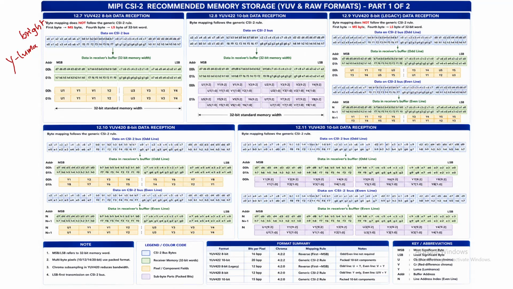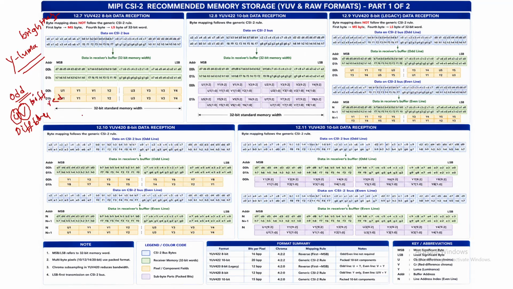So this brightness will be transmitted alternately, that means odd lines only we are transmitting. The even line is aligned with chroma red and chroma blue. This chroma blue is the differential blue, and whatever red is there is also differential red.